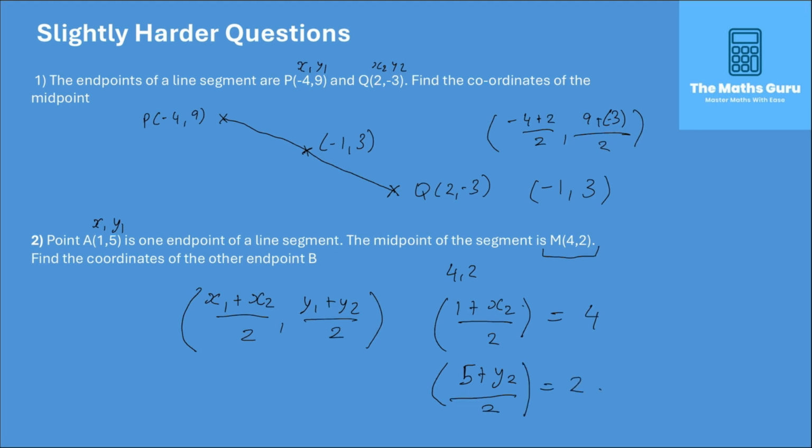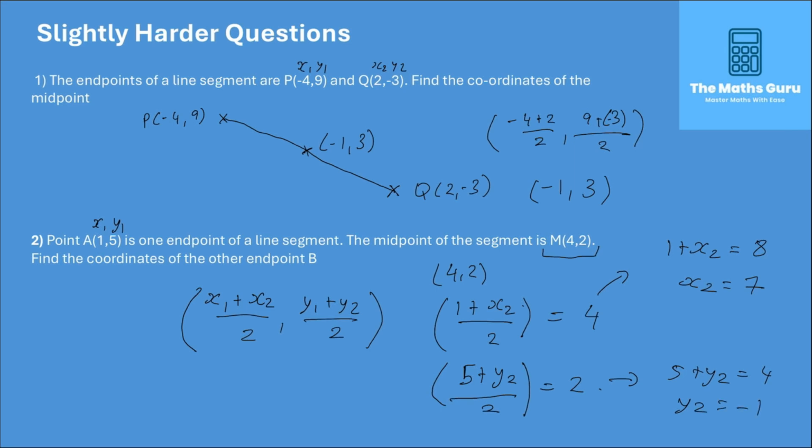Now solving these individually, we can say that first we times through by 2 on both sides. Looking at the first equation, we get 1 plus x2 equals 8. Then x2 is equal to 8 minus 1, so x2 is equal to 7. Then looking at the second equation, we times through by 2 and we get 5 plus y2 equals 4. And y2 is equal to -1.